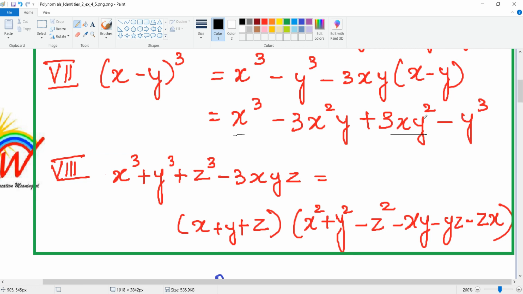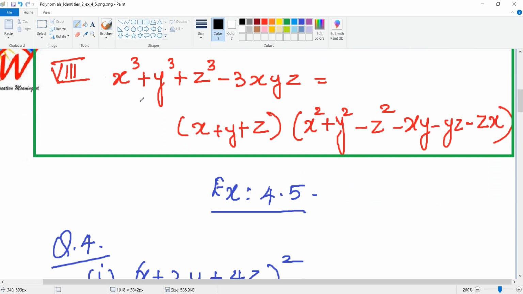So where y has an odd power, it will have a negative sign. There is one on top of this y, so it's an odd number. There is 3 on top of this y, it's an odd number, so they both will have a minus sign. The first one doesn't have a y at all, so it will have a positive sign. The third term has a y square, so that will have a positive sign, okay?